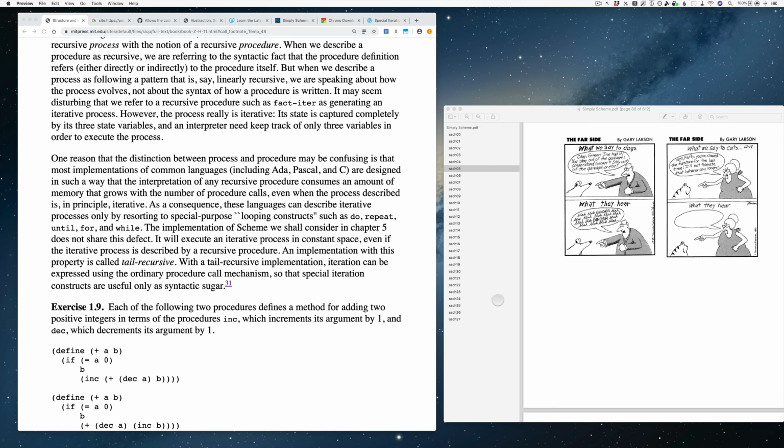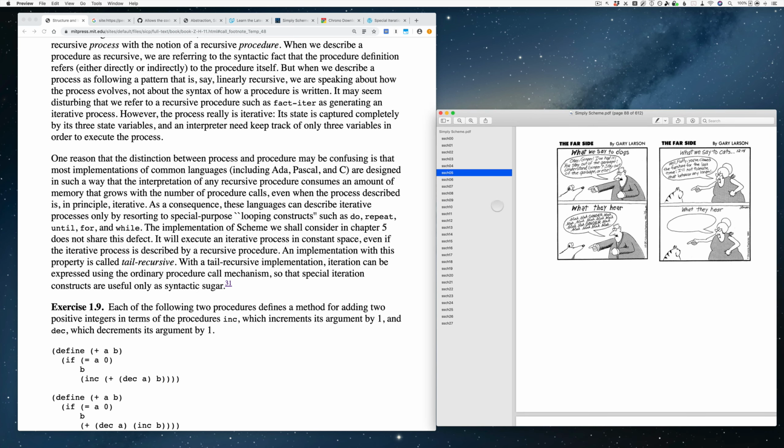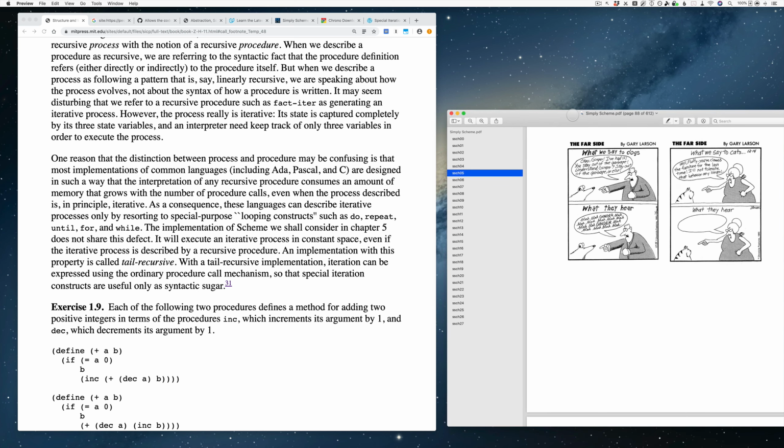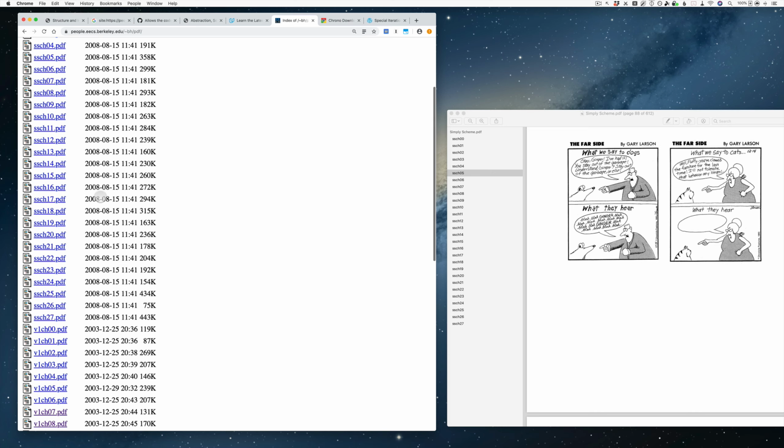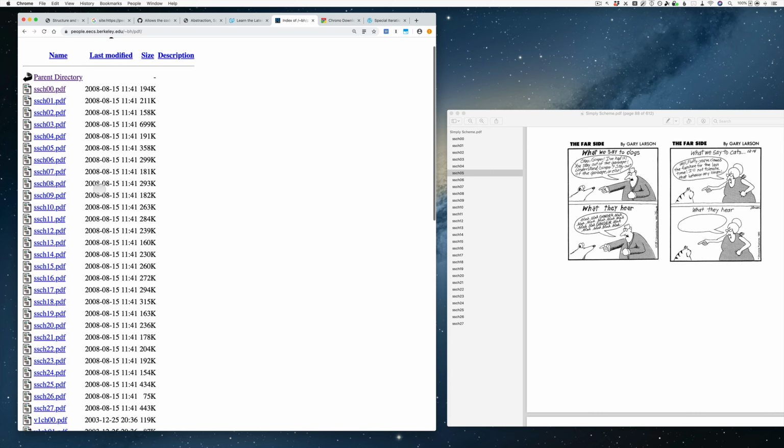By the way, you may have noticed I've popped up a PDF of Simply Scheme. It's publicly available, free for personal use anyway. I went to Brian Harvey's website, and he's got this directory with a few books in here by chapter.